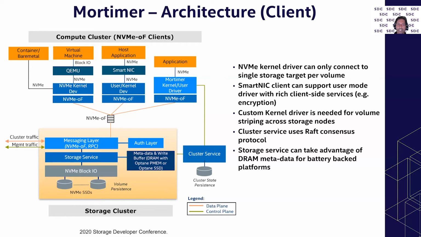So the libraries are actually tuned to ensure that we can actually support DRAM-backed metadata that gets persisted through the platform design or through the Optane persistent memory through load store semantics.